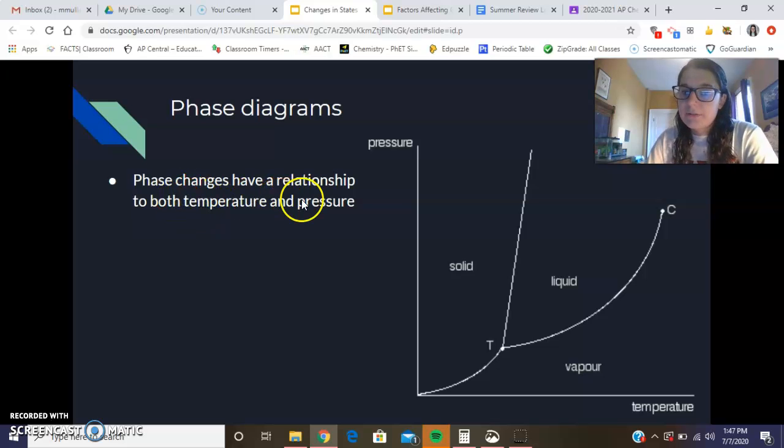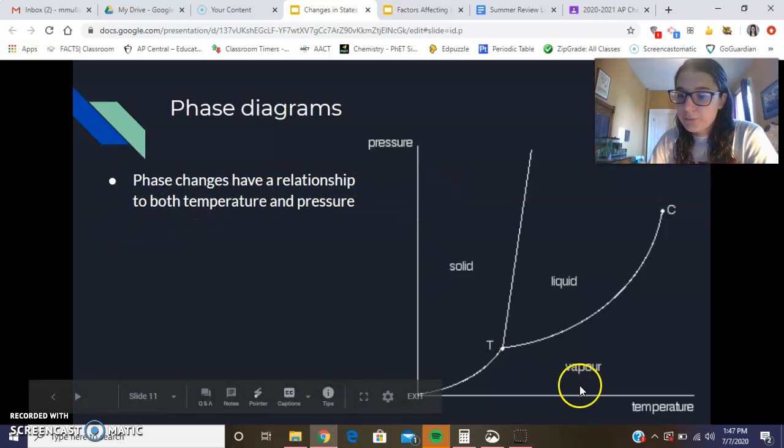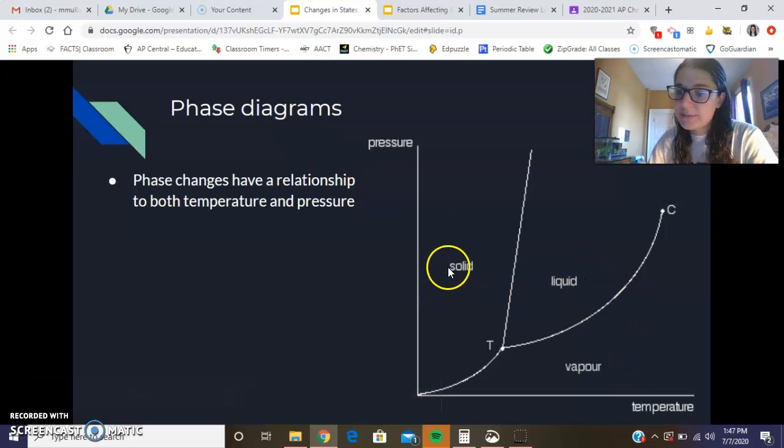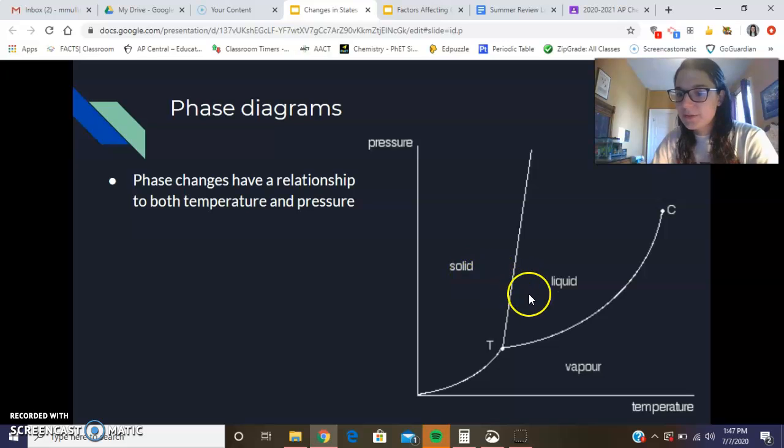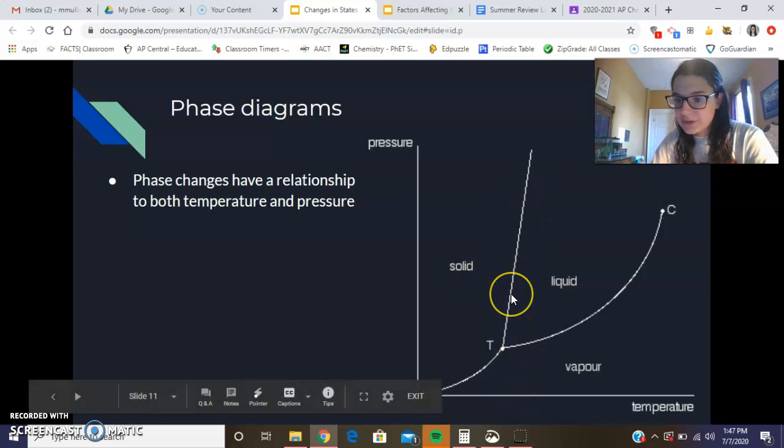Phase changes have a relationship between both temperature and pressure, and the phase diagram shows that relationship. Here we have the different states of matter: solid, liquid, and vapor or gas. The line is the transition between the two. Here is the melting point. At this given temperature, we need this given pressure for a melting point.